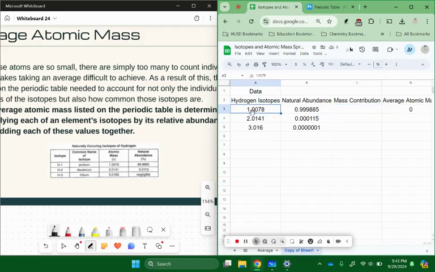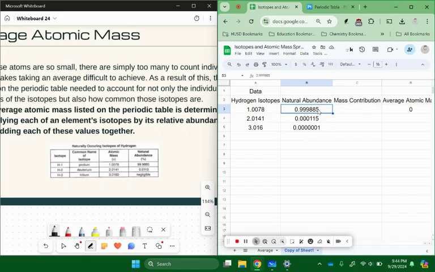I've got mass number 1, mass number 2, and mass number 3. Now they're slightly different than exactly 1, 2, and 3, and that's because of the slight variances with the individual subatomic particles. And here I've got the natural abundances written as decimals.